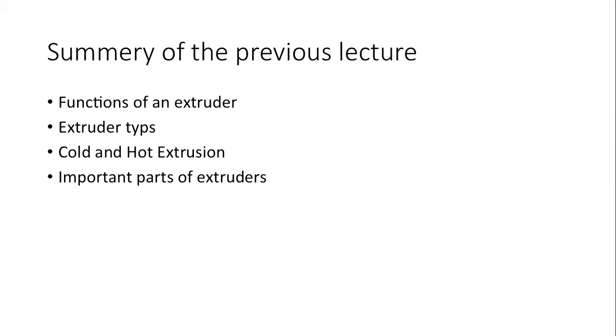It is around 37 to 40 degrees, for some sensitive food products. As an example, if we want to secure the nutrition value of such food and we don't want much temperature, we can use cold extruders.